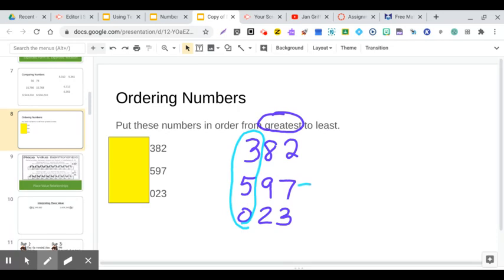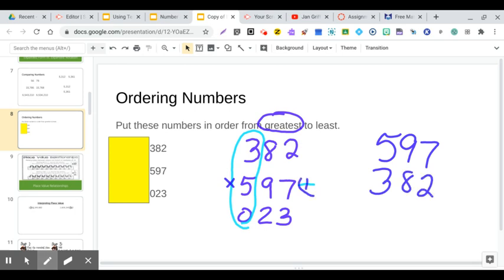That's right, 5. So my first number is 597. Excellent. After the 5, because he's done, I'm going to give him a little X because I'm finished with him. What's the next biggest? 0 or 3? That's right, 382 will come next on my list.